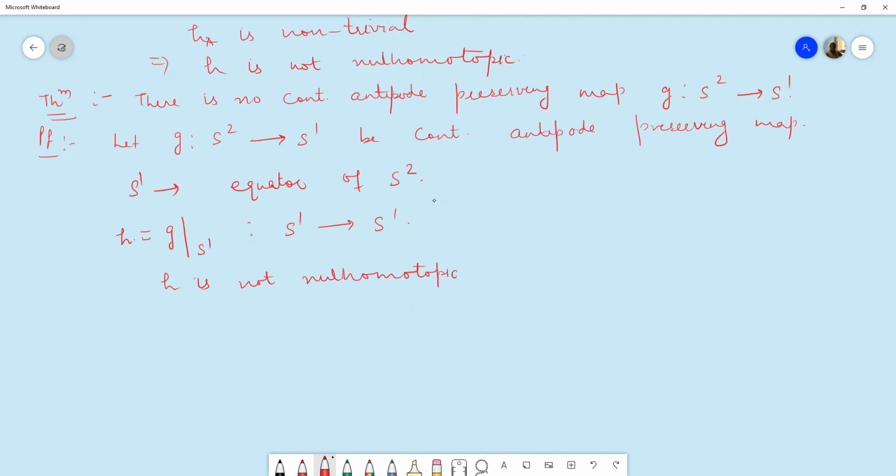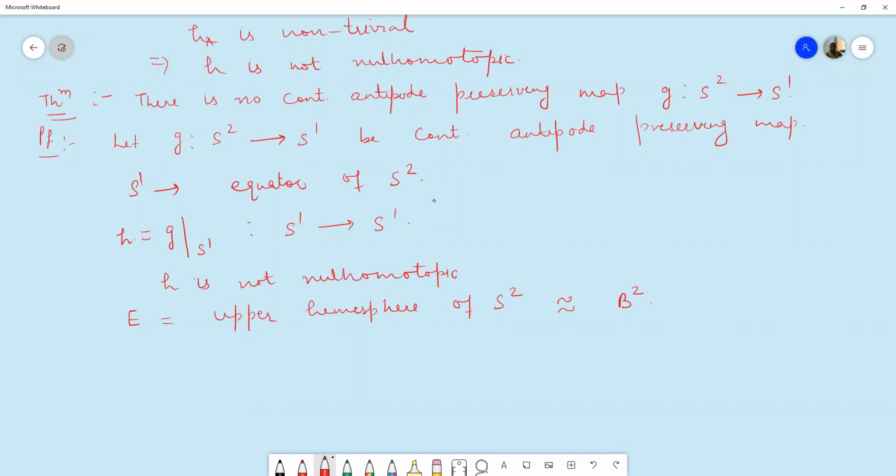Now we take E to be the upper hemisphere of S2. And we know that the upper hemisphere of S2 is basically homeomorphic to the closed ball B2. Now we have a mapping H from S1 to S1 and this G, which is a mapping from S2 to S1.